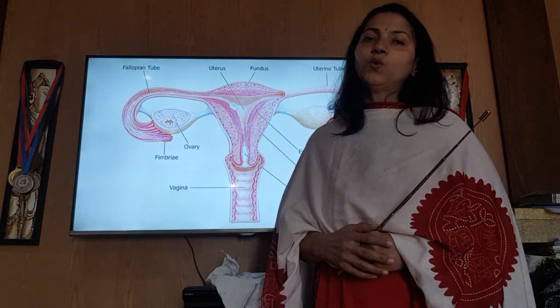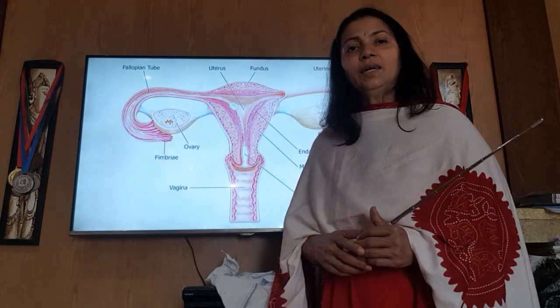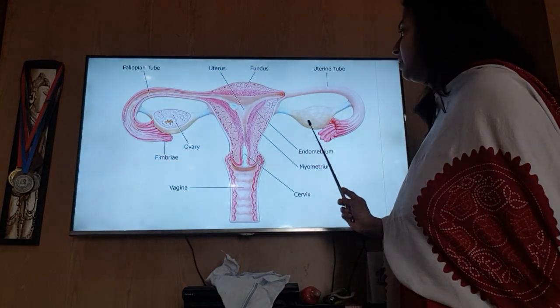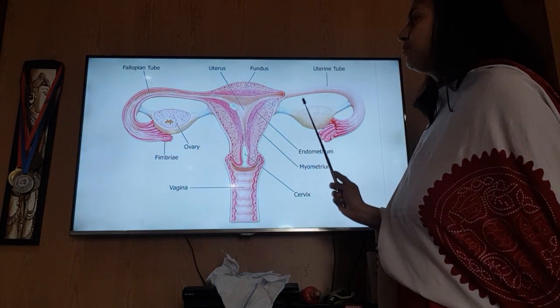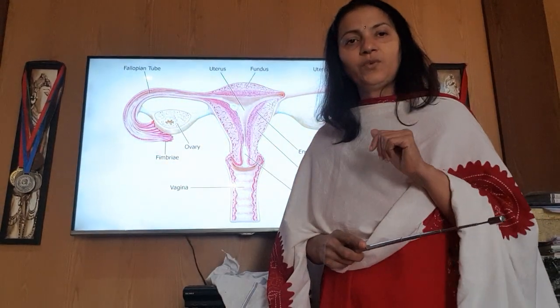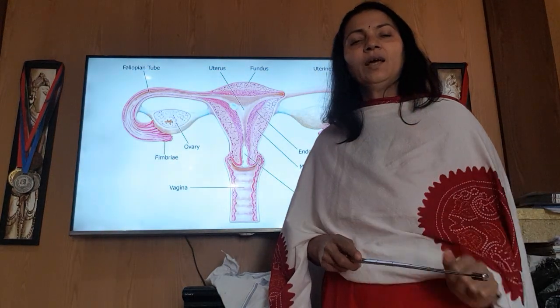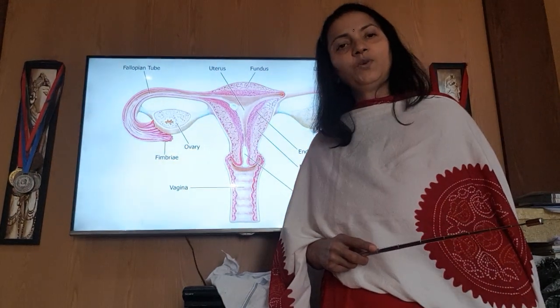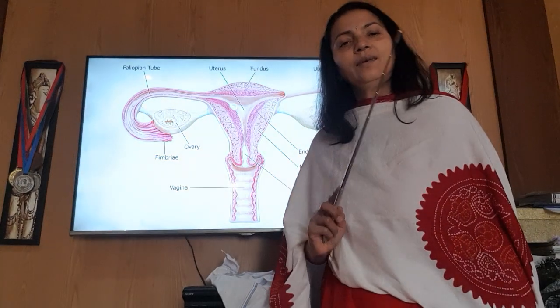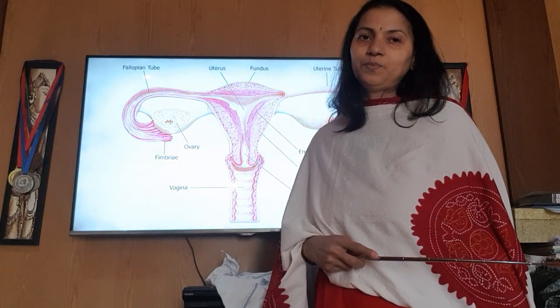Parasympathetic is vasodilator in nature, and sympathetic takes the pain sensation from the ovary. So if we have a twisted ovary, or some follicle of the ovary has twisted, any kind of thing which produces pain, that pain is taken by the sympathetic nervous system.